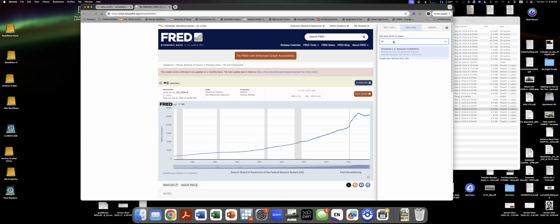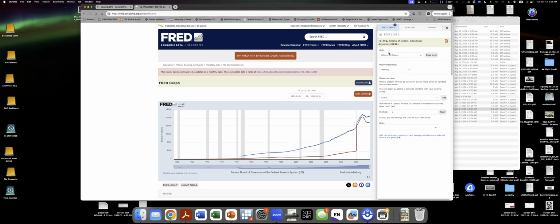I'm going to add M1. What we can see is that, especially now, there's not a great deal of difference between the two. Yeah, the difference is growing a little bit, but M1 and M2 are both quite close to each other in value and move in the same direction.